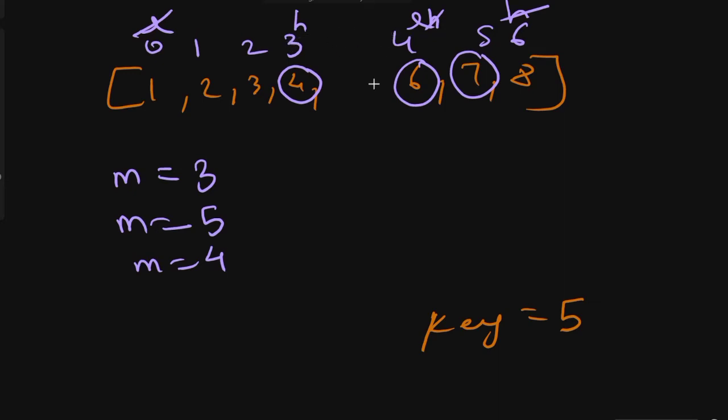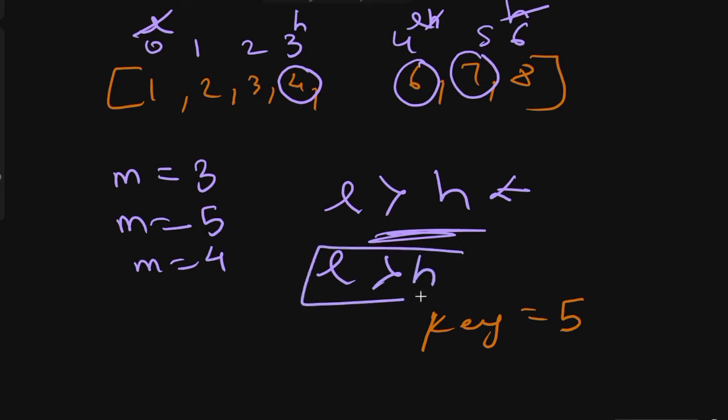So is this correct, that lower position is greater than h? Is this condition correct? The logical way is, whenever h is less than L, or L is greater than h, if somehow this condition happens, then we have to stop.